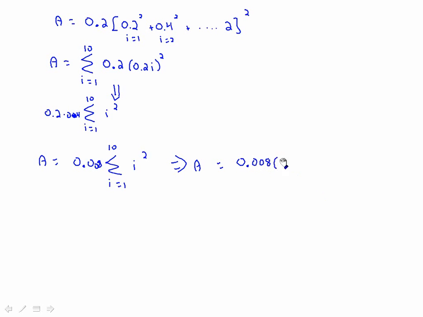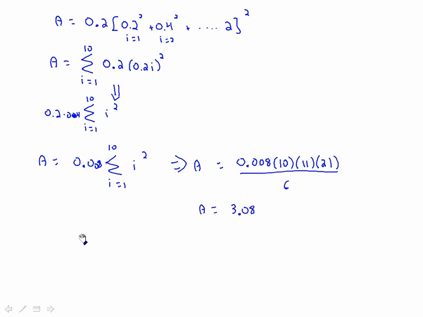Multiplied by n, which is 10, multiplied by n plus 1, which is 11, multiplied by 2n plus 1, so that's 21. And then all this is going to be divided by 6. So when you simplify that, you'll get 3.08.